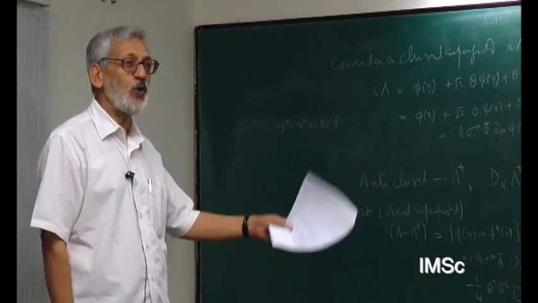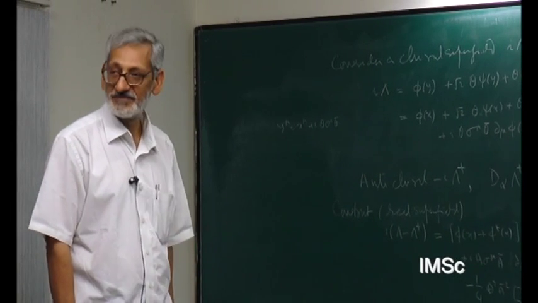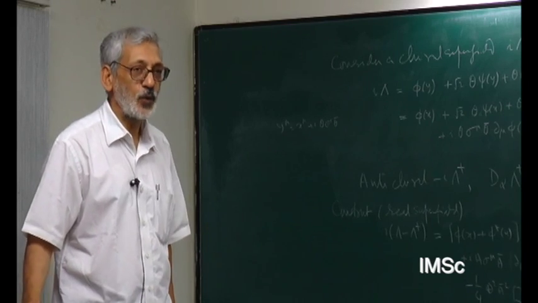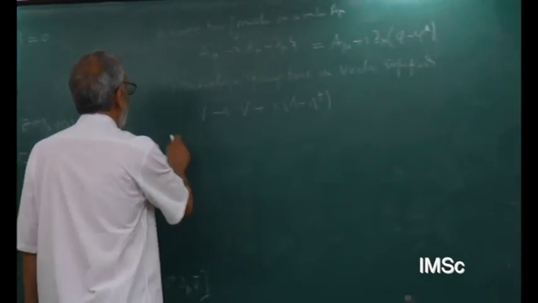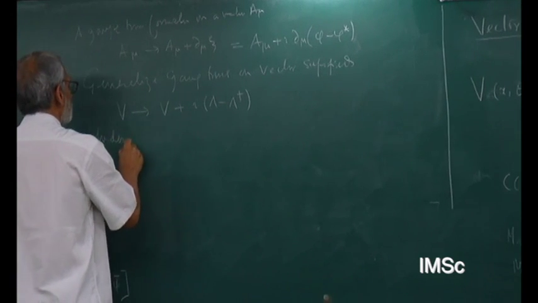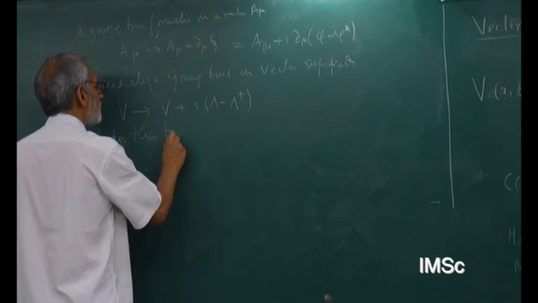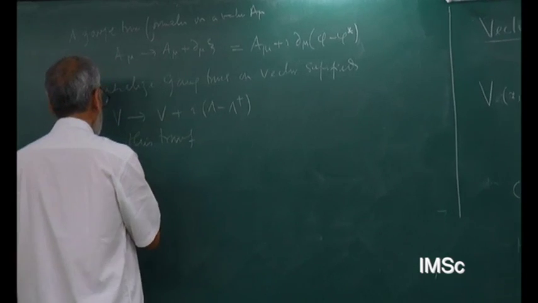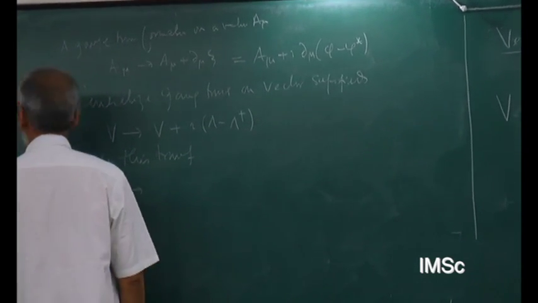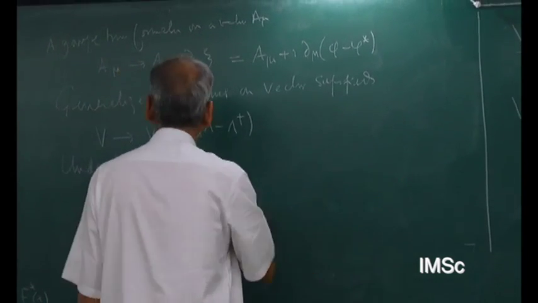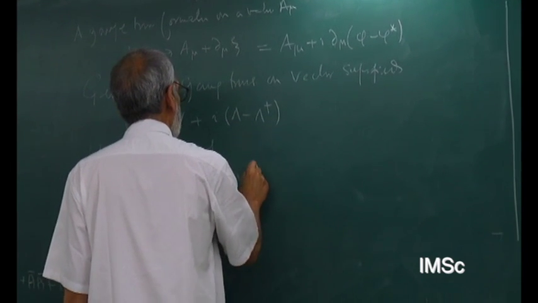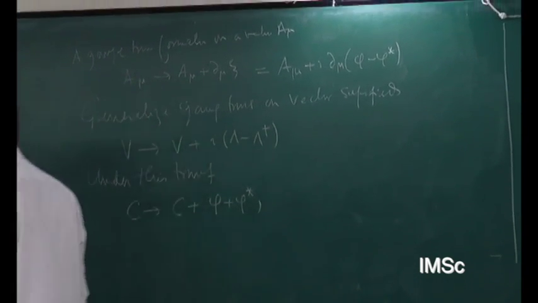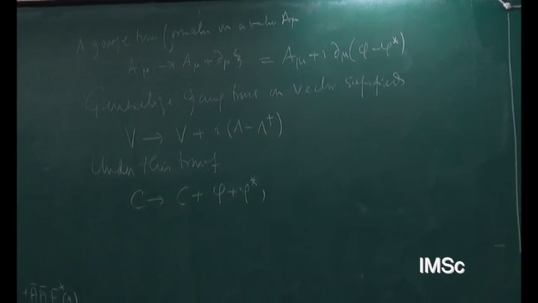For A mu, I saw what it means. But what does it mean for the component fields? Under this transformation, the C field changes to C plus phi plus phi star.